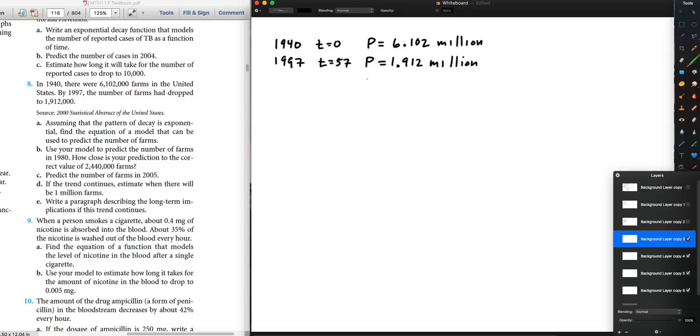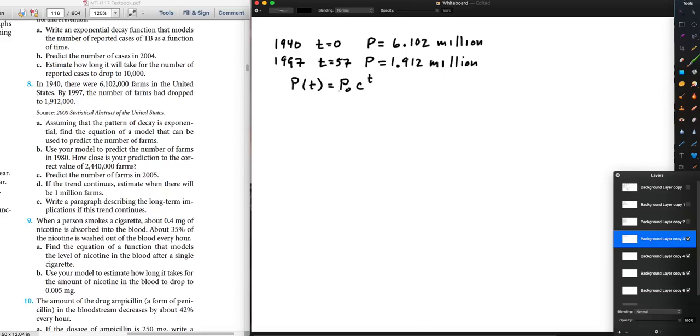So I've got 2 points, and I have the general form here for my exponential growth/decay function. Now, t is 0 in 1940, or at least that's what I'm calling t equals 0, which makes P0 6.102. And then I know 57 years later, P is 1.912.